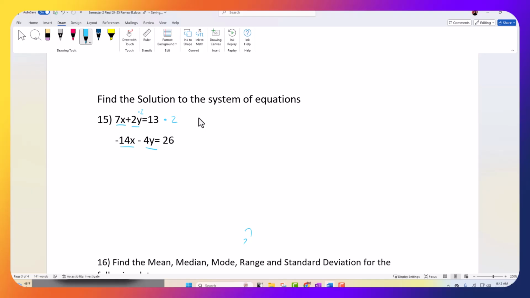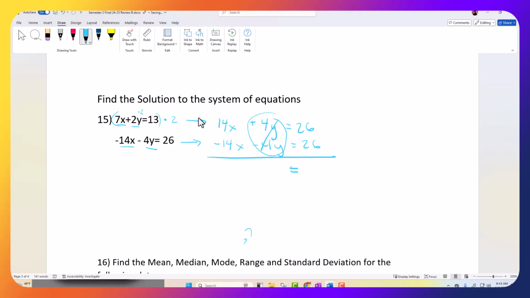I want to multiply this whole equation by 2 and produce a new equation. That would be 14x plus 4y equals 26. And if I don't multiply this one, I get negative 14x minus 4y equals 26. When I add the stuff the way it is, this is what I was looking for, trying to cancel those y's.